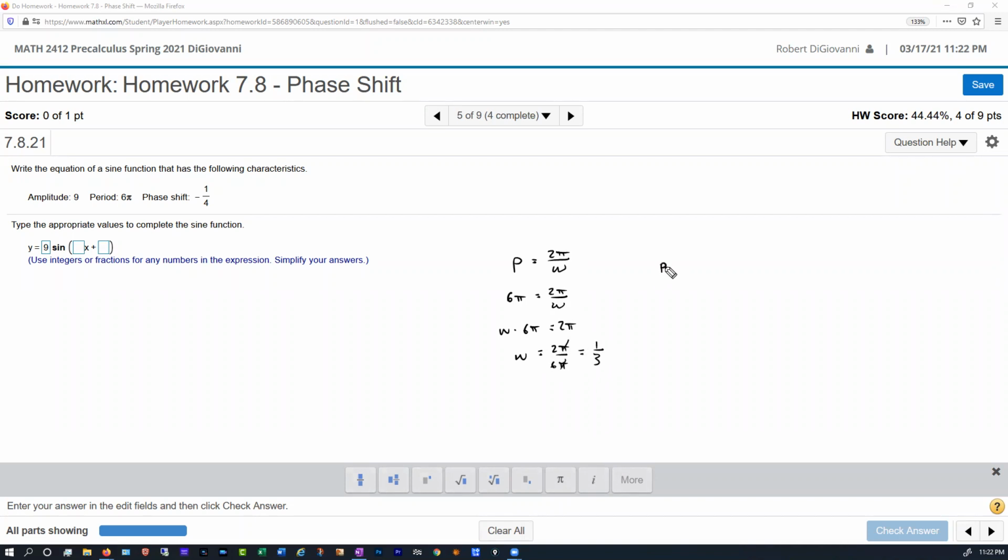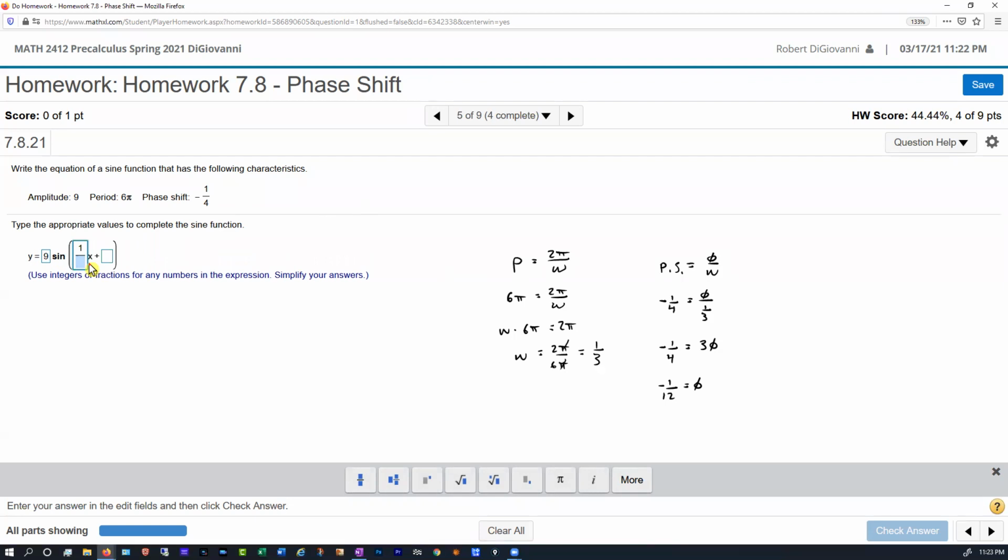Let me figure out the phase shift. The phase shift should be phi over omega. The phase shift is -1/4, and omega, we know, is 1/3. If I reciprocate that 1/3 up, I get 3 phi. Then divide both sides by 3, I get -1/12 equals phi. So our phi is -1/12. Oh, I forgot to put this in here.